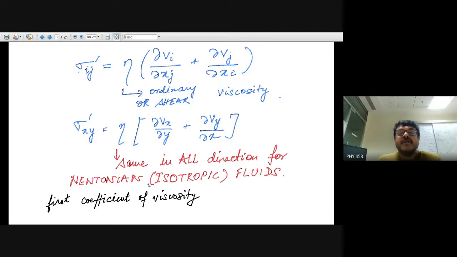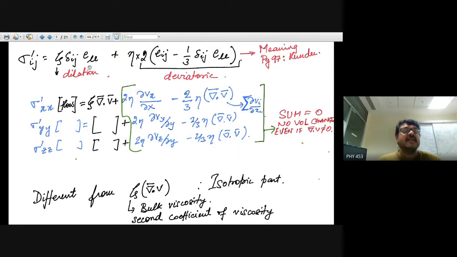And for the Newtonian isotropic fluid, there is just one parameter contributing to shear stress, which is eta, which is also called the first coefficient of viscosity, or the dynamic viscosity. There is also a second term which is related to the volume change in the fluid as the fluid moves, and this is called the bulk viscosity.